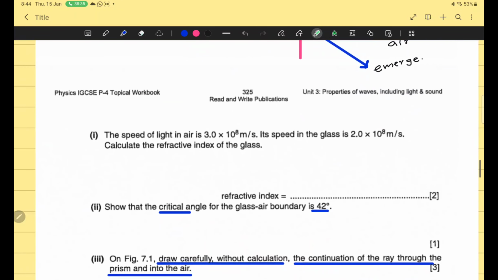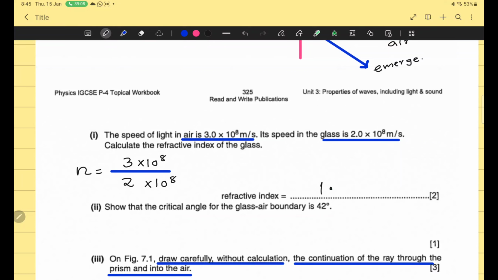And now we have a question. Calculate refractive index, and you are given speed of light in air divided by speed of light in glass. So refractive index is equal to speed of light in air divided by speed of light in glass.